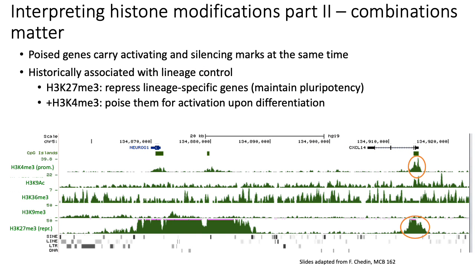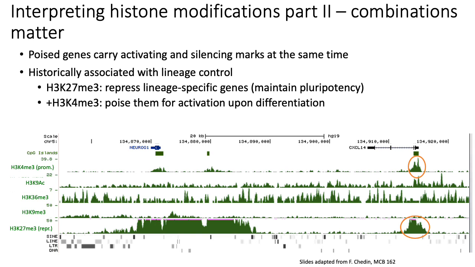And so hopefully a recurring theme throughout this lecture so far is that histone modifications can mean different things depending on what other marks are also present on the same histones or nearby histones. Here's another example where I'm showing you 5 different histone marks that have been profiled in a sample.